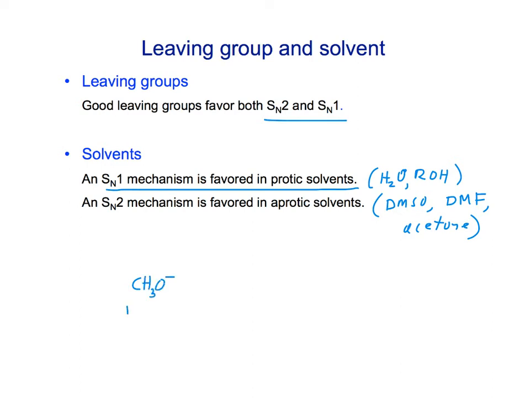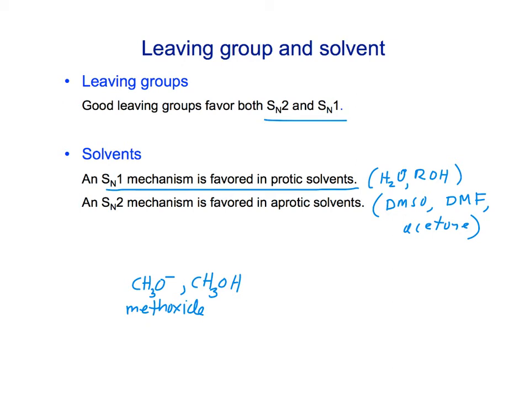This would be called methoxide. It's just like hydroxide, but we've replaced the hydrogen on hydroxide with a methyl group. When we use a nucleophile like methoxide, we usually run the reaction in methanol as the solvent.